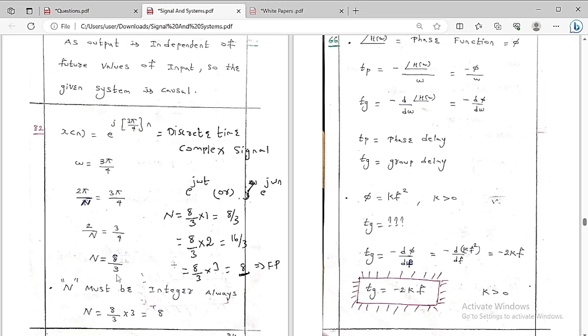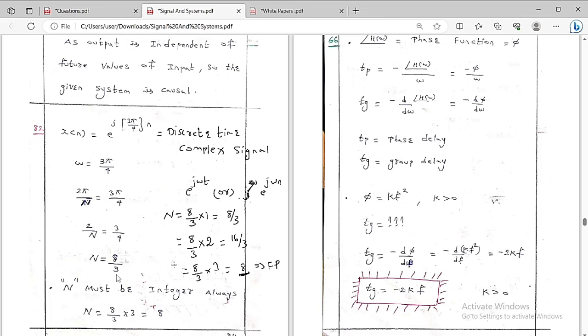N must always be an integer. Therefore N is equal to 8 by 3 into 3, which is equal to 8. So 8 is the correct solution of this question. What I am doing is very simple. Suppose we got some value that may not be an integer. You have to multiply by the integer values starting from 1, 2, 3 and so on. When you get an integer, stop.